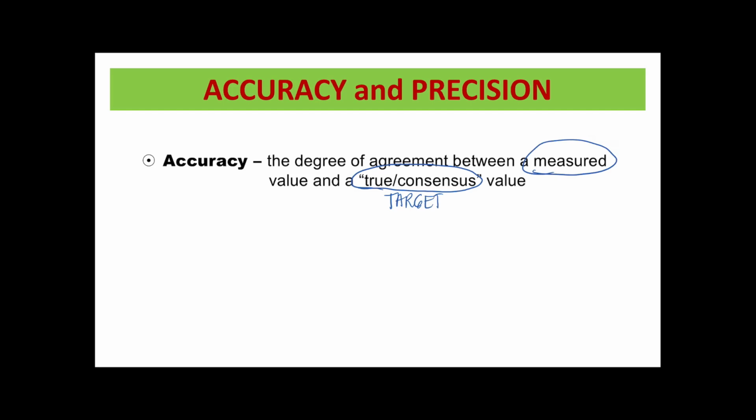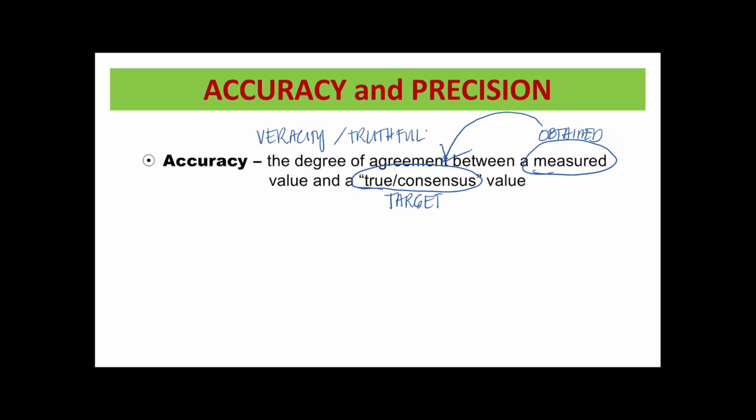But when we say measured value, this is the value that we get out of a measurement, or the value that we obtain when we are measuring something. That's why it is called the obtained value. So accuracy is the closeness or the nearness of the obtained value to your target value. It also refers to the veracity or the truthfulness of your result.